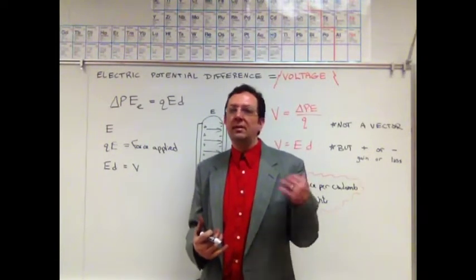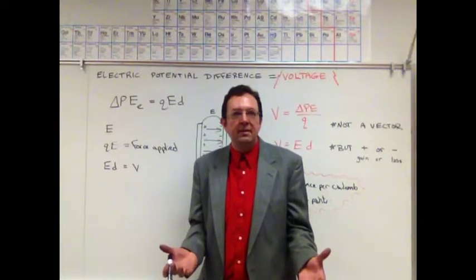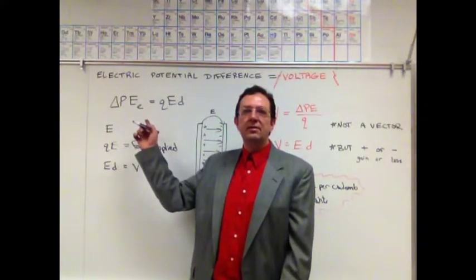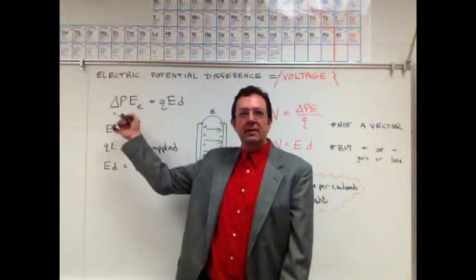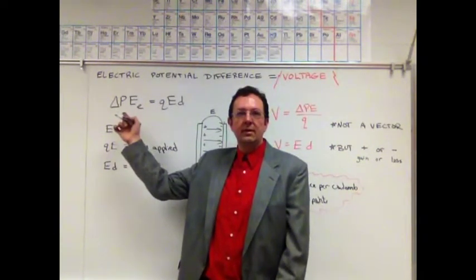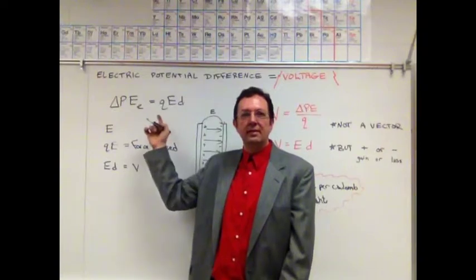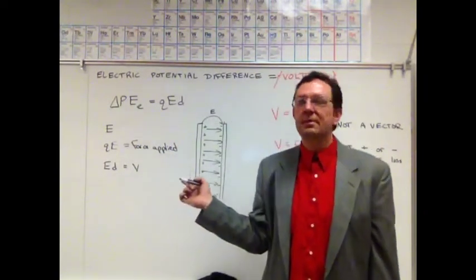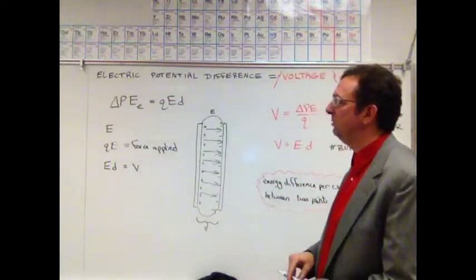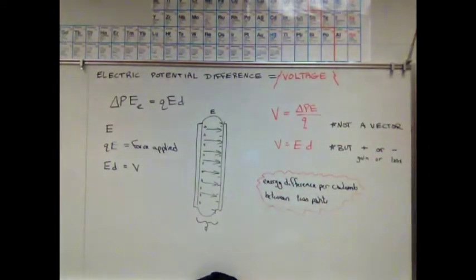So the definition of voltage, and it's used because it's a really convenient concept, is the difference in potential energy per coulomb, because you're taking the equation and dropping the charge out of it to get ED. It's the difference in potential energy per coulomb between 2 points. And I prefer to use the difference in energy per coulomb between 2 points, and that would be a good definition for electric potential difference or voltage.